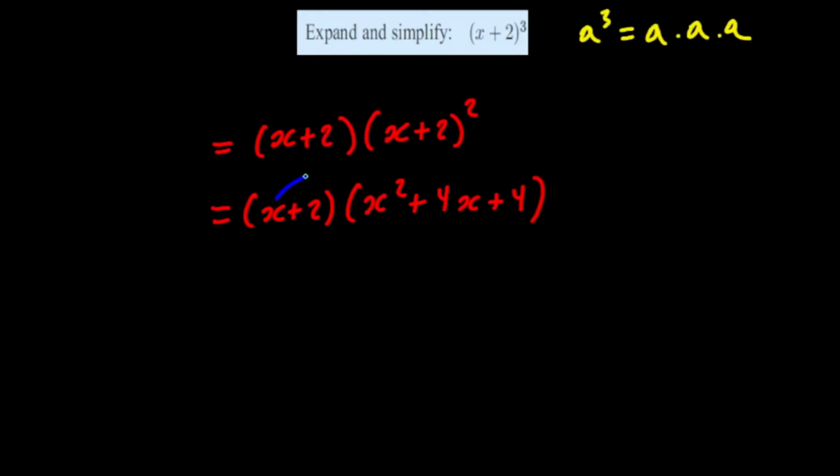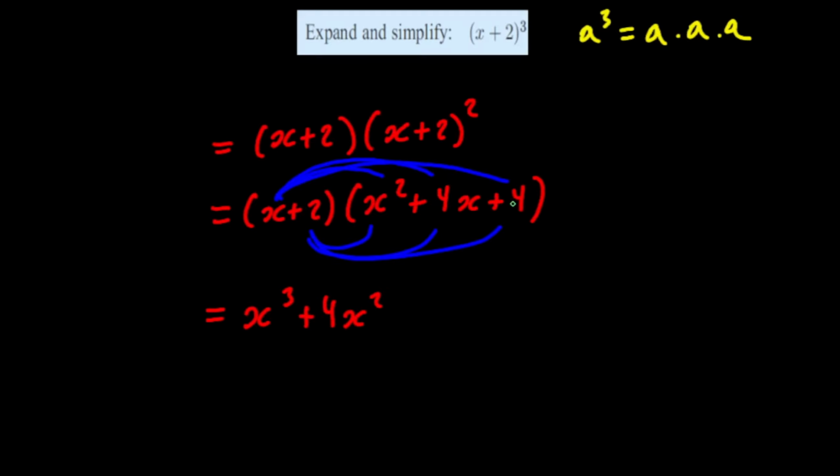So we multiply x times x², then x times 4x, and then x times 4, then 2 times x², 2 times 4x, and 2 times 4, giving us x³ plus x times 4x is plus 4x², x times 4 is plus 4x, and then 2 times x² is plus 2x², 2 times 4x is plus 8x, and 2 times 4 is plus 8.